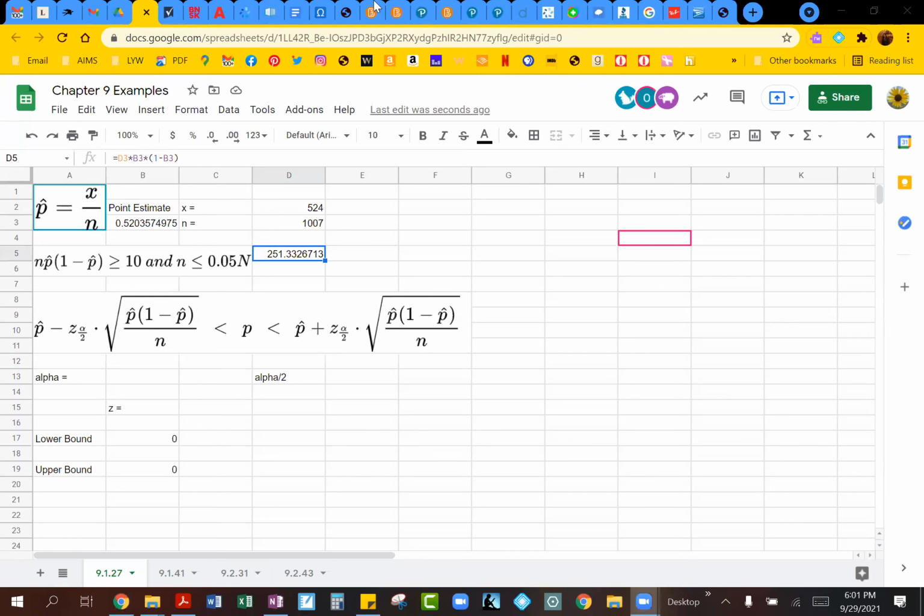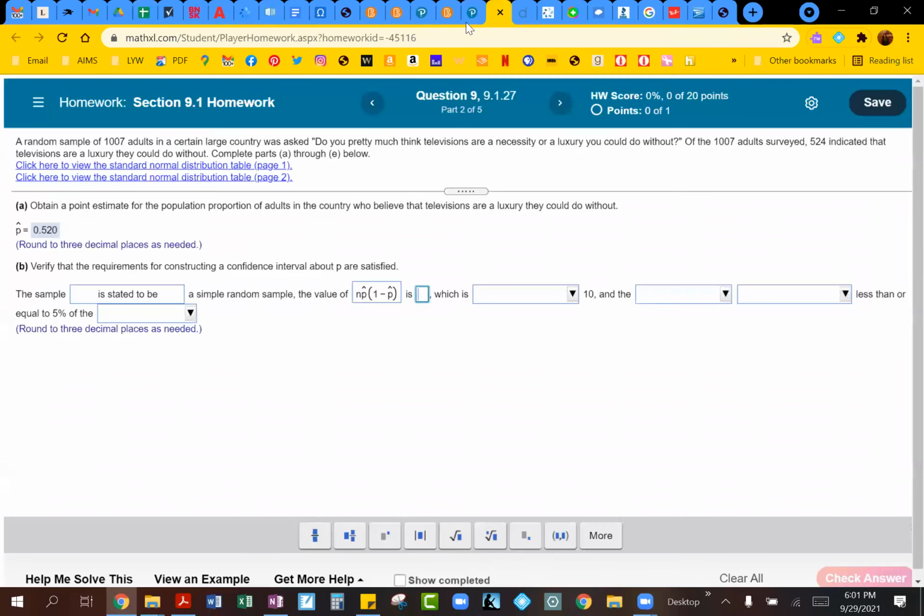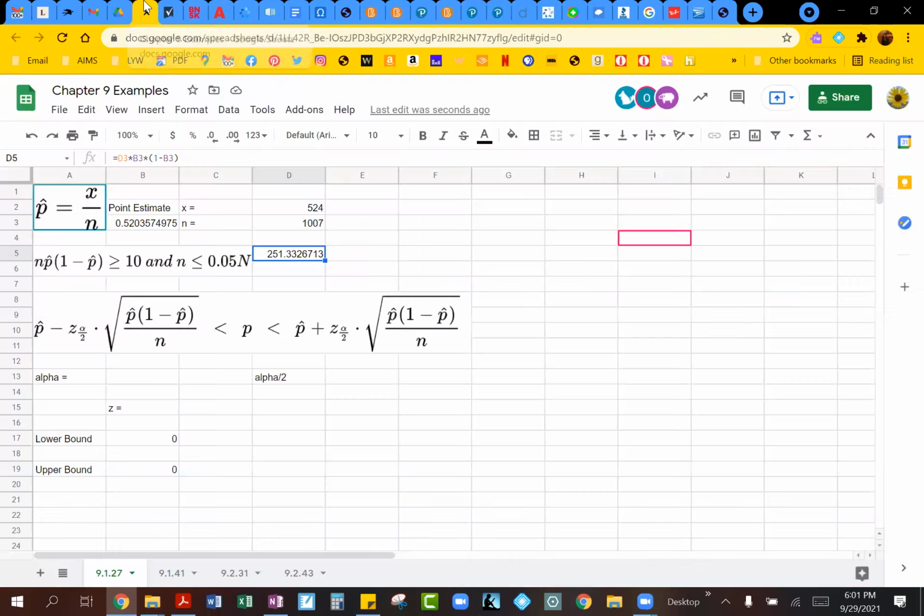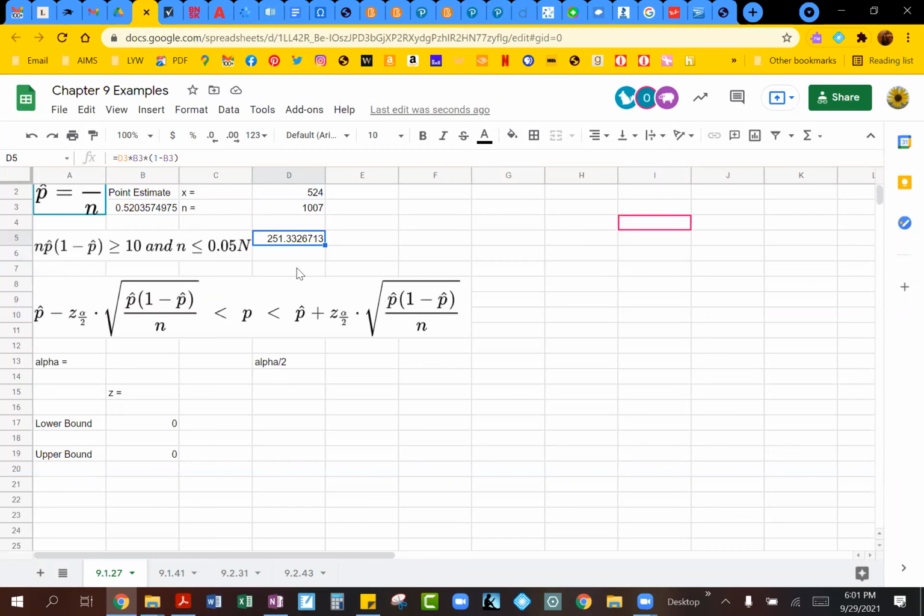So let's see what kind of rounding they are telling us about this. This is also 3 decimal places. So this was 251 point something. And let's see, that's coming out to be, will it let me make this guy bigger? I guess not. So this is coming out to be 0.3326.